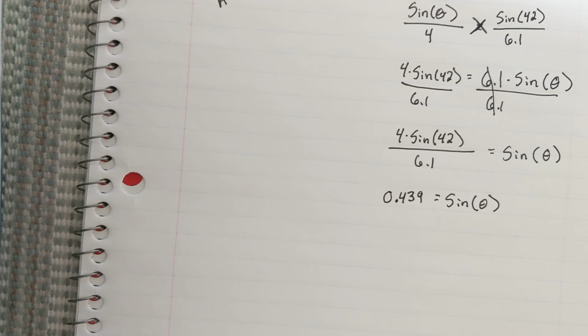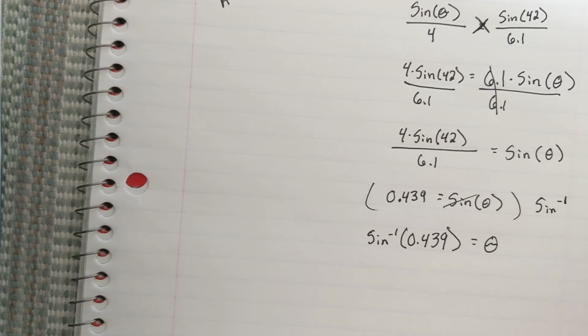And then the week before spring break, we talked about how to undo sine, cosine, tangent with their inverse functions. We had a worksheet on that. So to undo sine, we use sine inverse. Okay, so that's going to cancel sine on this side and leave us with the sine inverse of 0.439 equals theta.